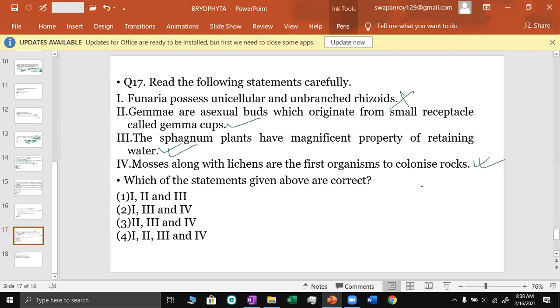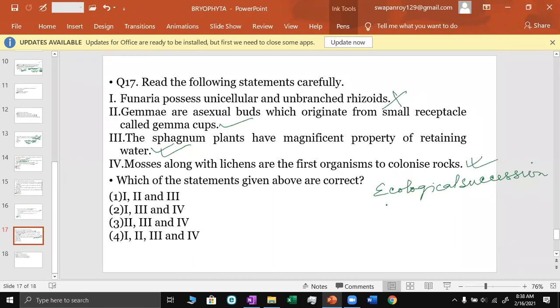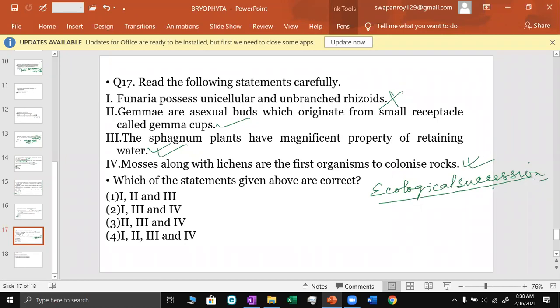Here we can call it ecological succession. Ecological succession means the production of vegetation in a particular area.